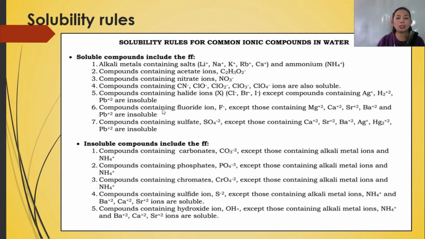Also compounds containing halides are soluble, like chloride, bromide, iodide, except if they are paired with silver, mercury, and lead-2 ions. Compounds containing fluoride ions are also soluble in water except if they are paired with magnesium, calcium, strontium, barium, and lead-2 ions.